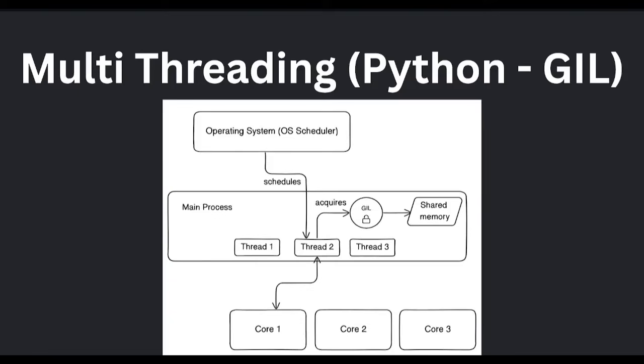Looking at the diagram, you can clearly find out that not all the available CPU cores are utilized in Python's multithreading. This doesn't mean that Core 2 and Core 3 will never be used, but it just means that they are not utilized by multithreading at the same time.